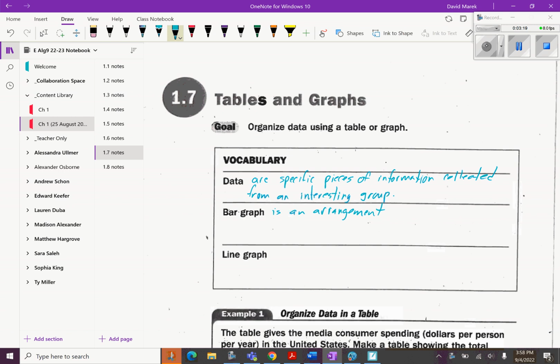So a bar graph is an arrangement of rectangles where the size of the rectangles represent the data.